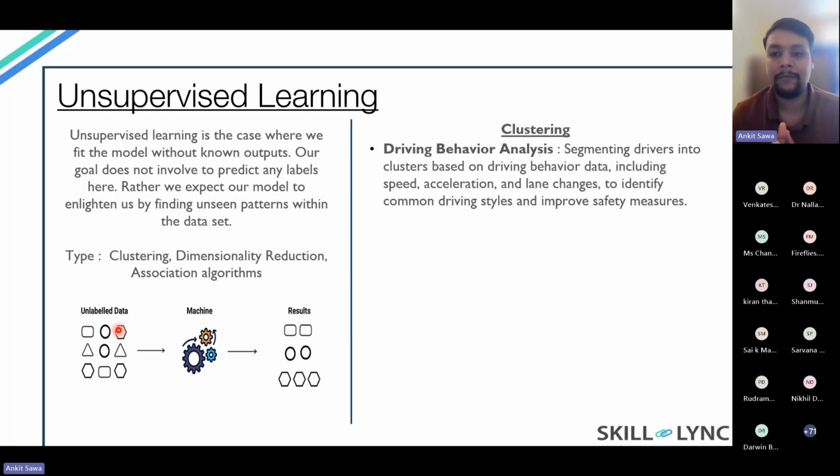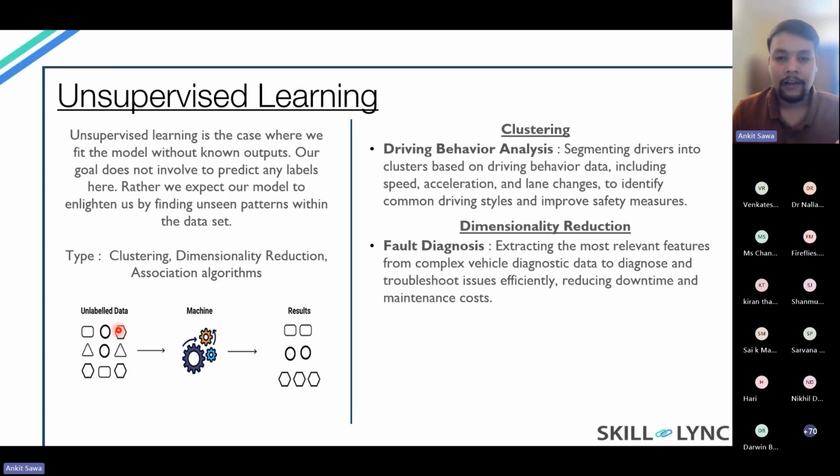These are all driving behaviors, and we identify common driving styles, and based on this, we take decisions on how to improve the safety of that particular stretch, right? So this is a very classic example of clustering.